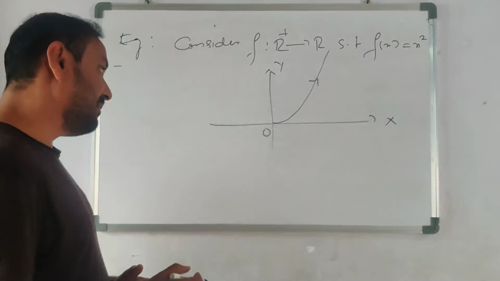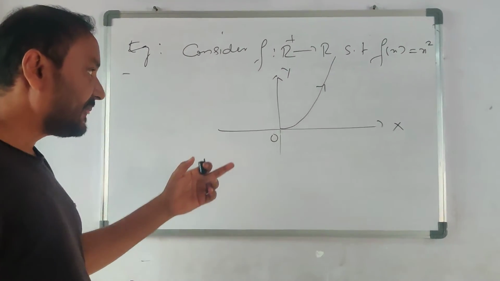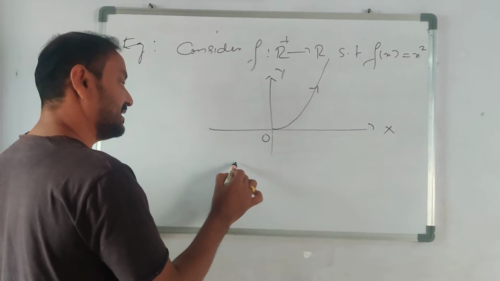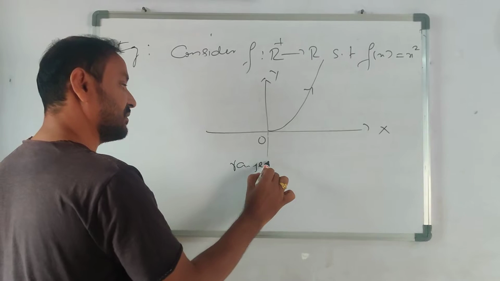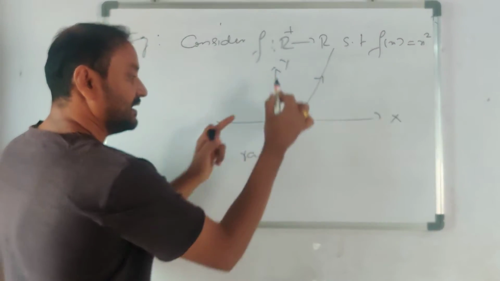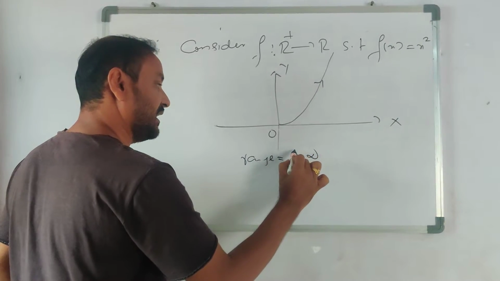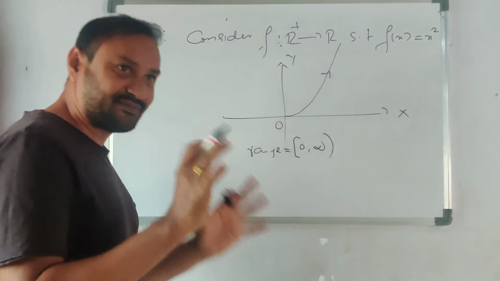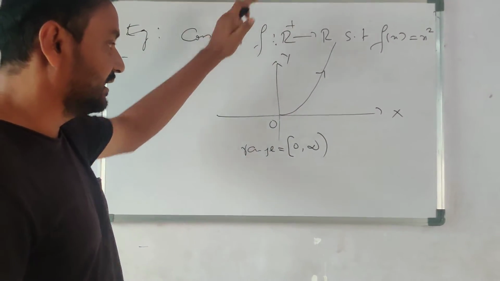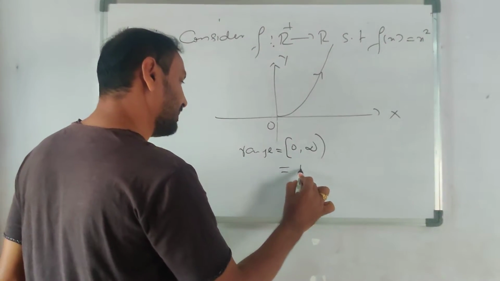Suppose from this, what is the range? Range means here positive y-axis only. That is 0 to infinity. Range means y-axis, you observe in the graph. That is 0 to infinity only. So it is equal to R plus.